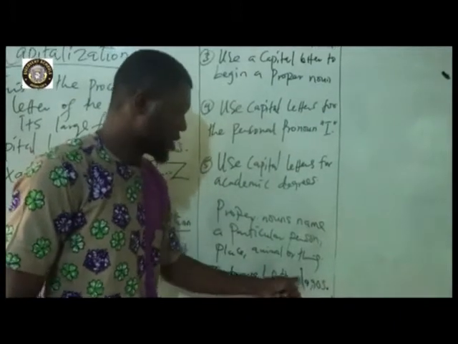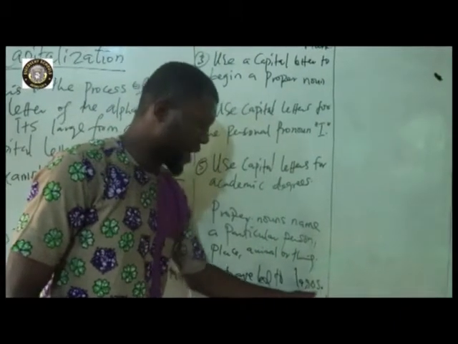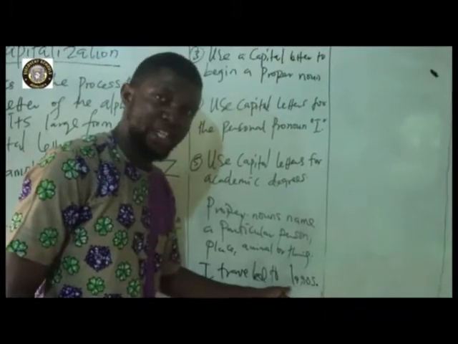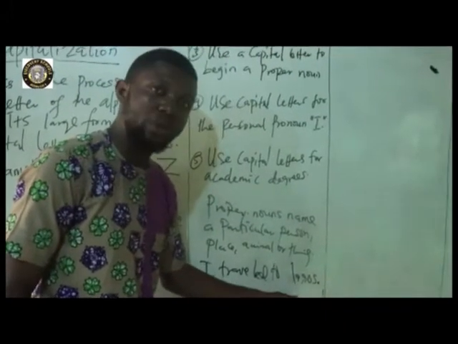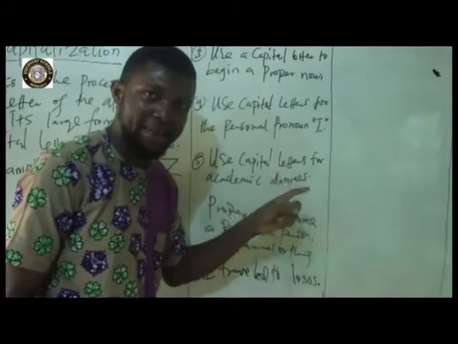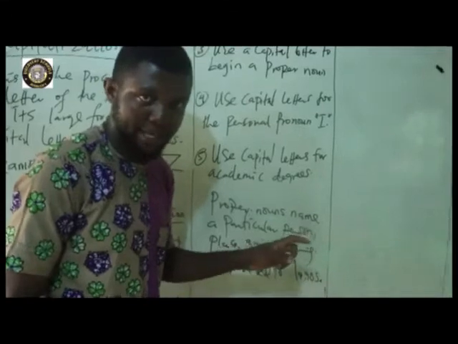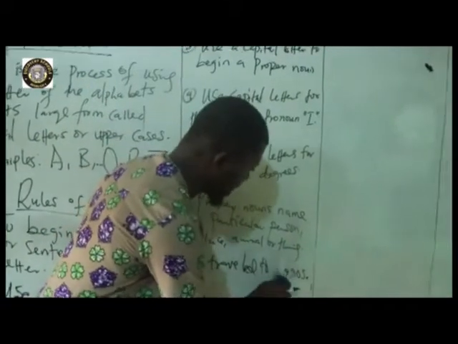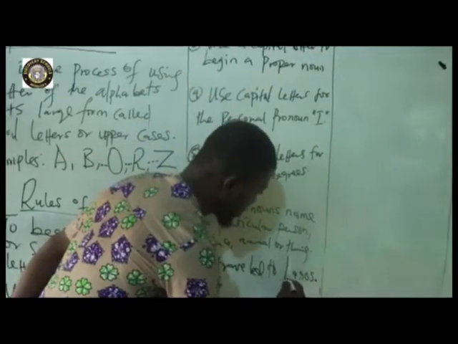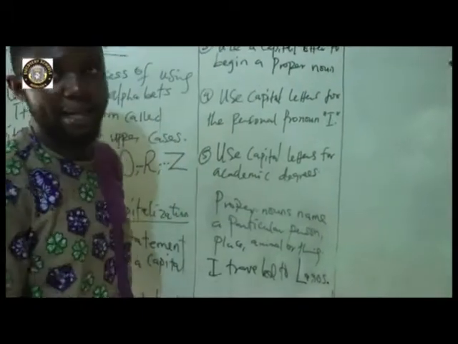And so, to write the names of particular places, or persons, or things, what do I need to do? I need to begin it with what? A capital letter, no matter where they are appearing in the sentence. Is that okay? Very good. So, I cannot write Lagos in small l. So I write it here in what? Capital L. Is that okay?